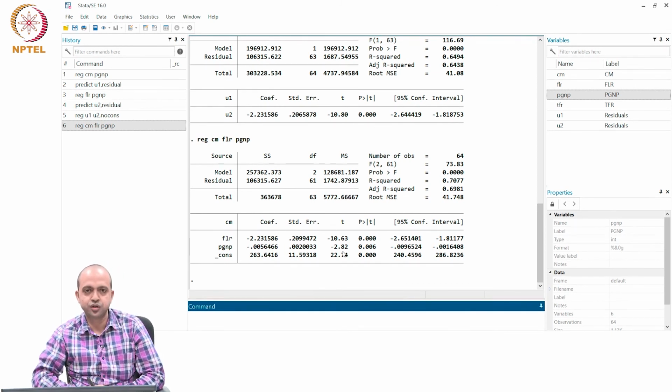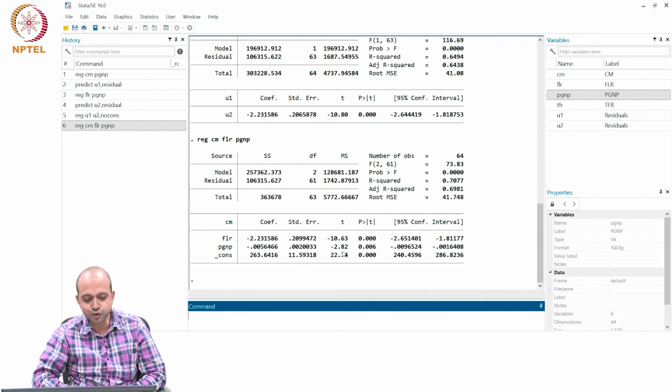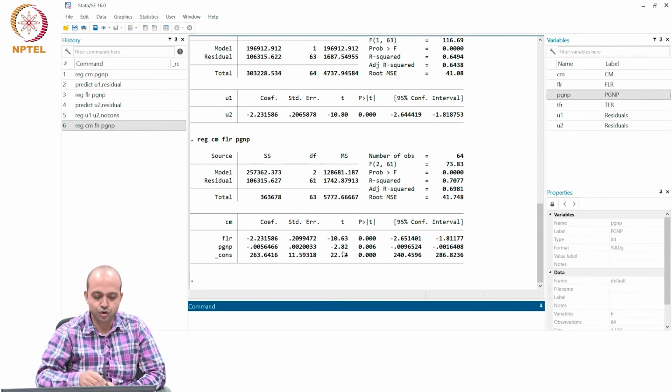Out of this, how much is our model able to explain? 2,57,362.373. That is called ESS, or in Stata's language it is called the model sum of square.